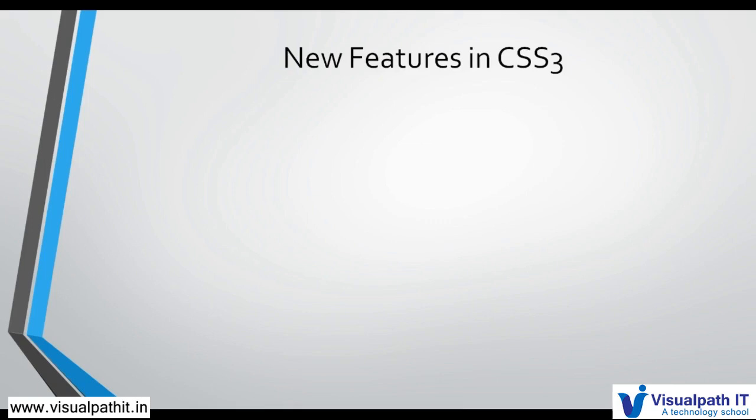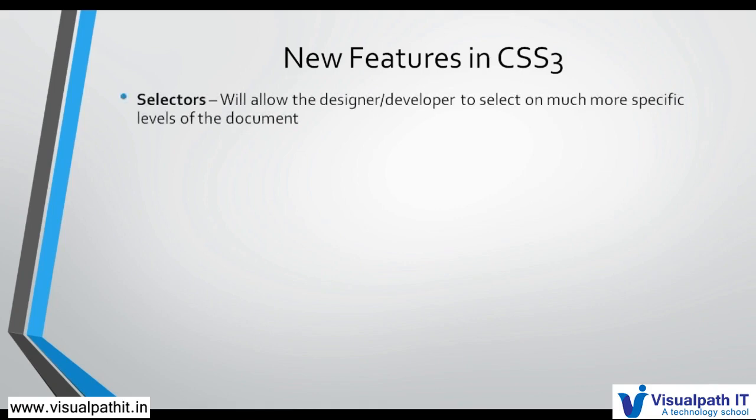Let's understand some new features in CSS3, which are selectors, like I explained in the previous slides. In short, they will allow the designers or developers to select on a much more specific level of the document.